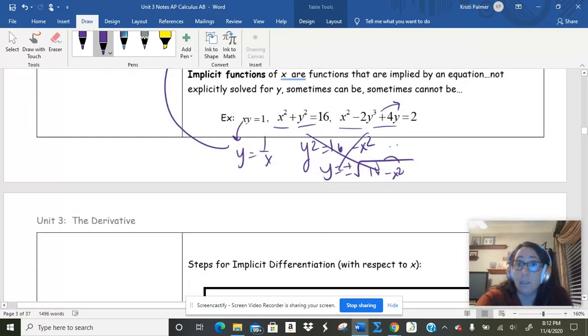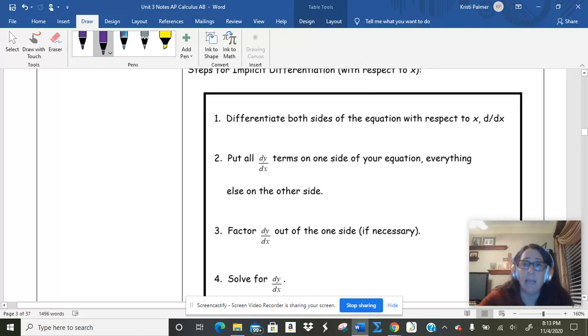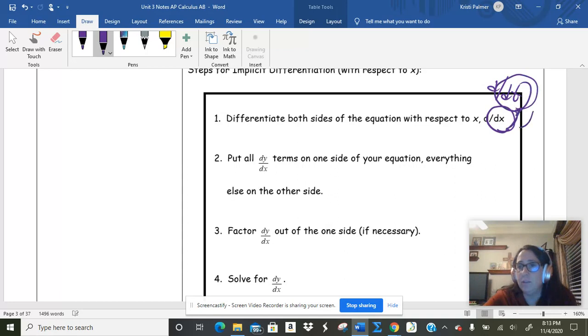So we're going to have to learn another rule. And I kind of break it down into steps to help me out. I just say differentiate all the sides with respect to x. Now, sometimes they may ask you to differentiate with respect to t as well, but these are usually the two things that you differentiate with respect to. So with respect to time, a lot of times, like change in position over a change in time.